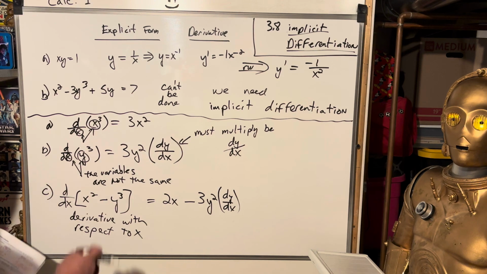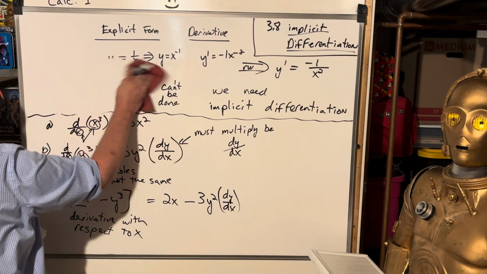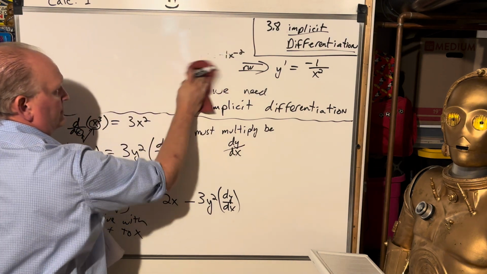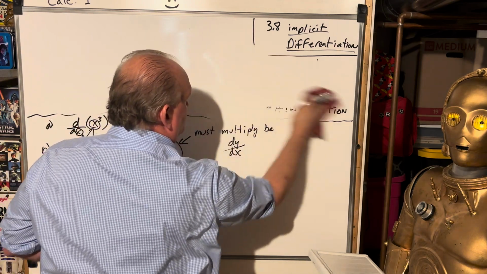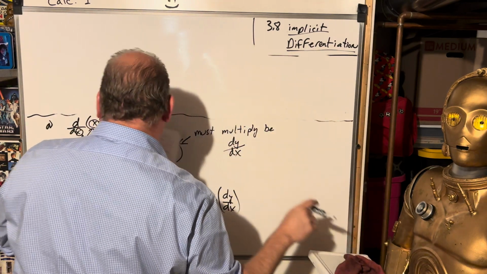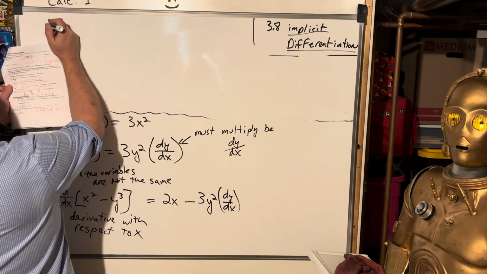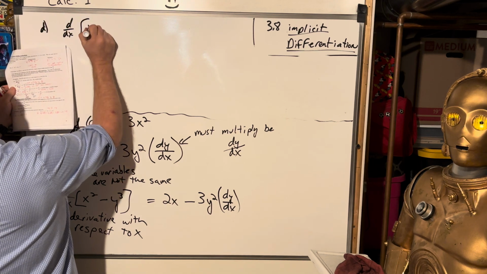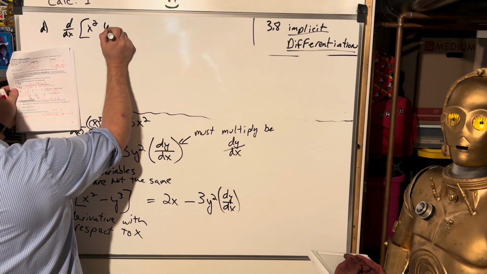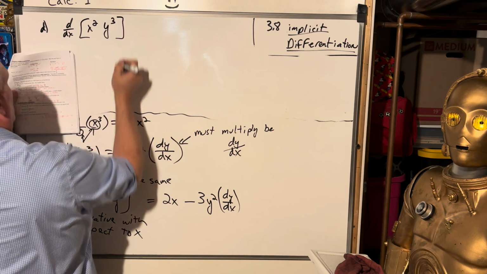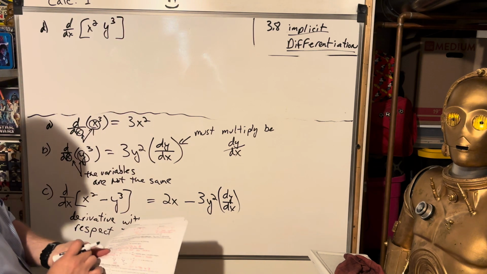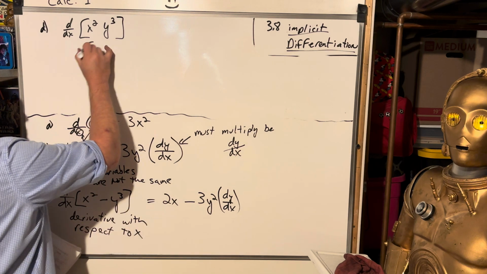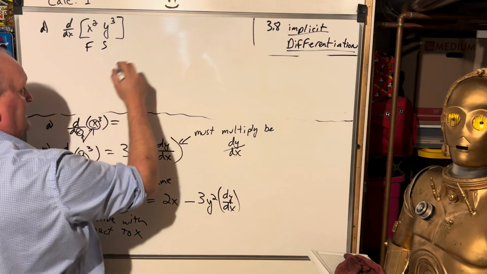But on letter D here, look at what we've got going on. They have d dx of x squared y cubed that's being multiplied. So that means we're going to have to use the product rule, with the first and the second.